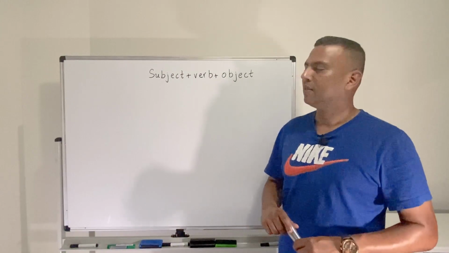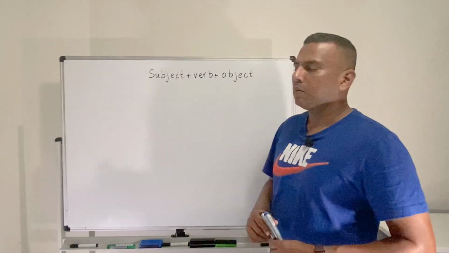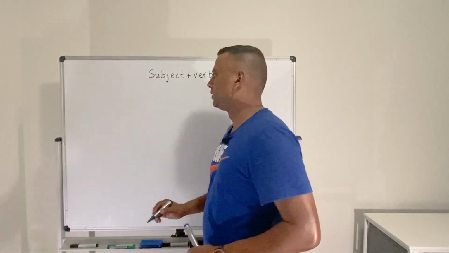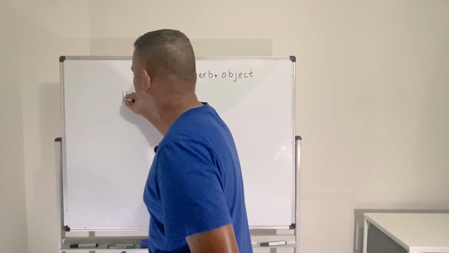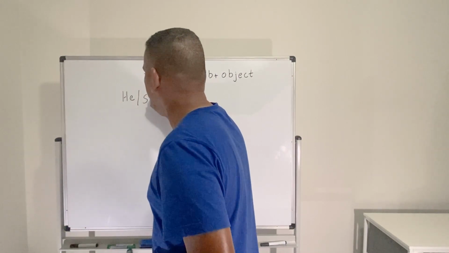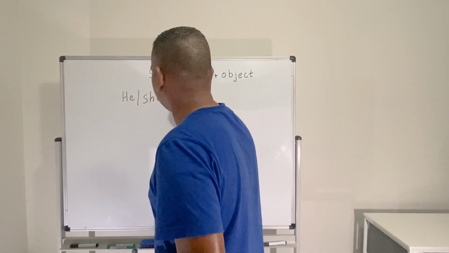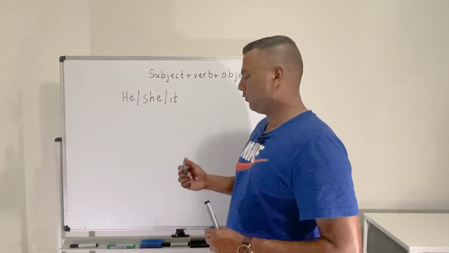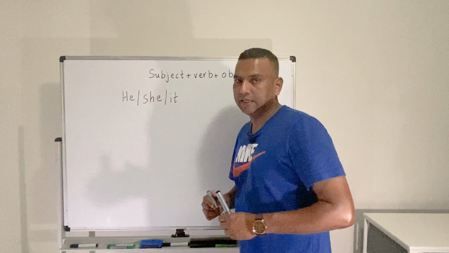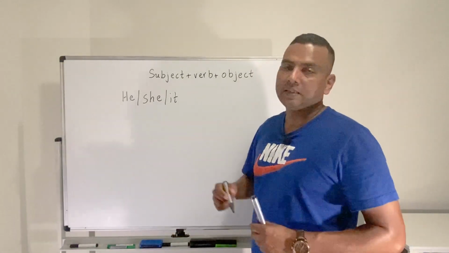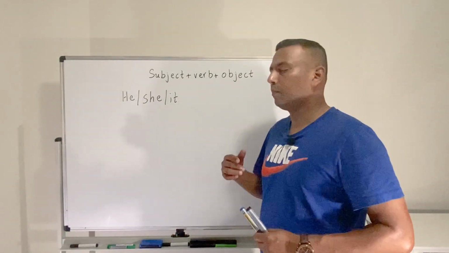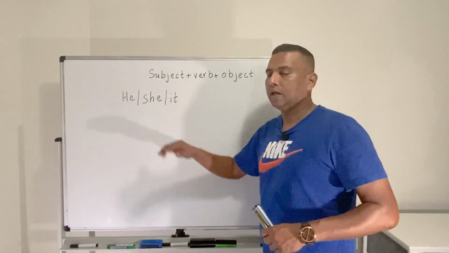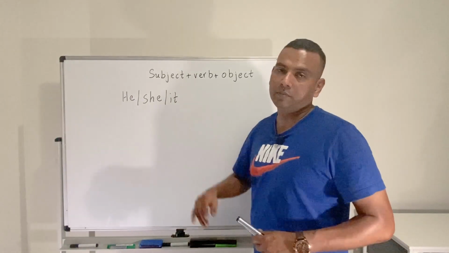Okay, so now as I told you, the pronouns that we're looking at are he, she, it. And this is also something that I've explained to you before. So when you say he, she, it, any singular noun, any proper noun, any common noun, as far as it's singular, for that also the same rule applies.